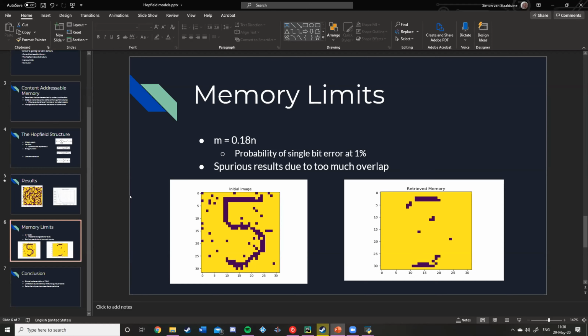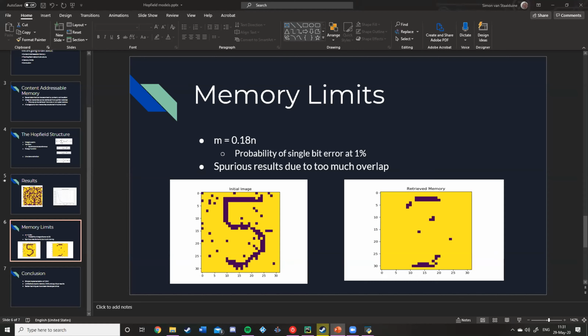However, if you're not careful with the types of images you store, you can still get spurious results due to too much overlap. So you can see an example here where an initial image that's clearly supposed to be a 5 was accidentally turned into just random garbage. This is because this network was trained on just the numbers 1 through 5, and all of the digits had too much overlap.